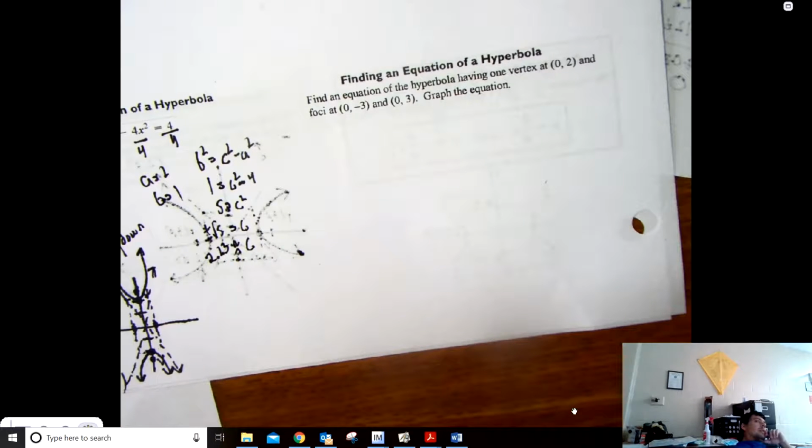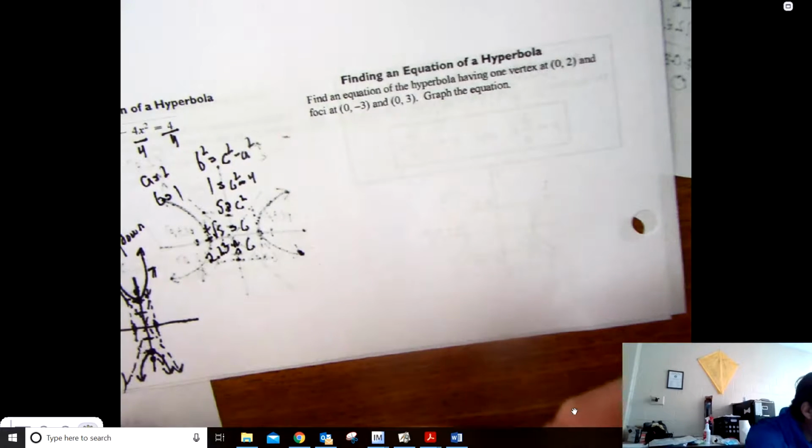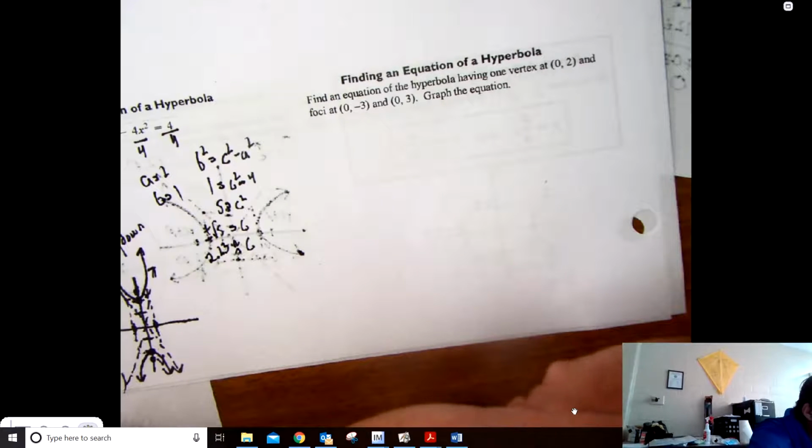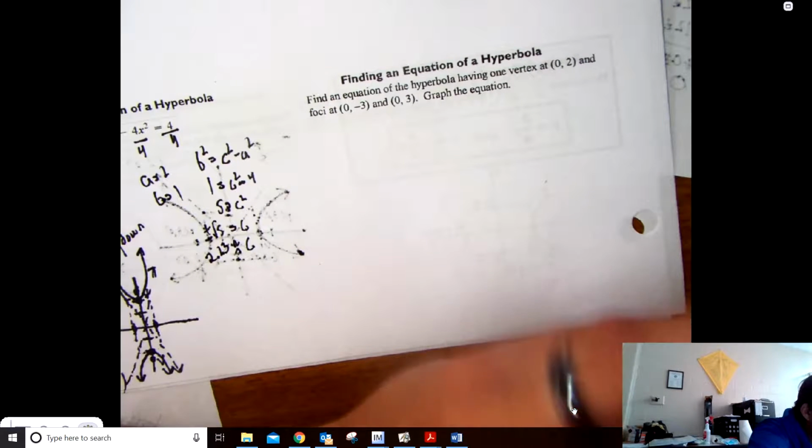All right, so here's where we find an equation. This might be useful to y'all because you might just draw your hyperbola and you might just pick out some points. This is probably how you'll write your equations, to be honest with you. That's how I would. So we have one vertex at 0, 2. We have focuses at 0, -3, and 3, and we're supposed to graph.